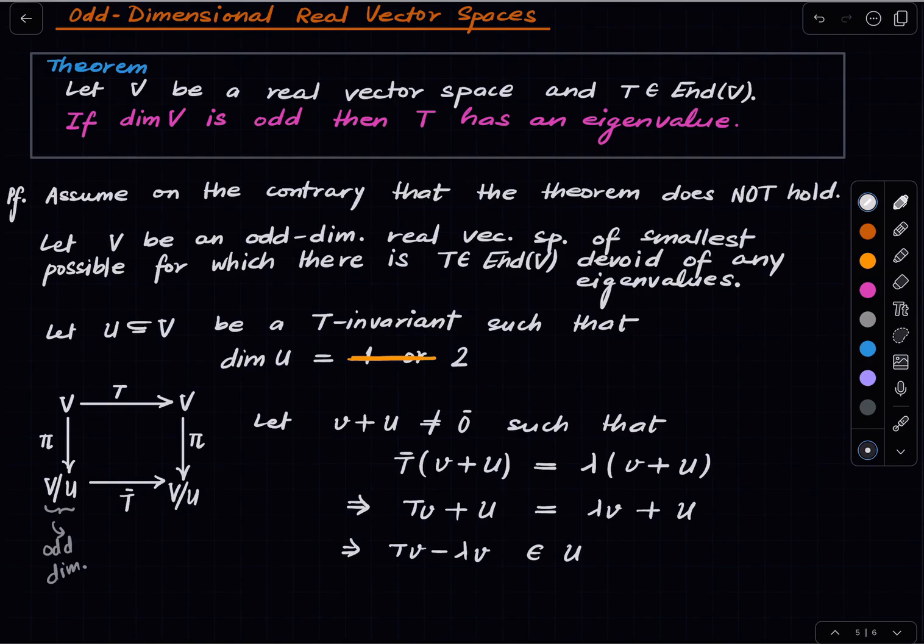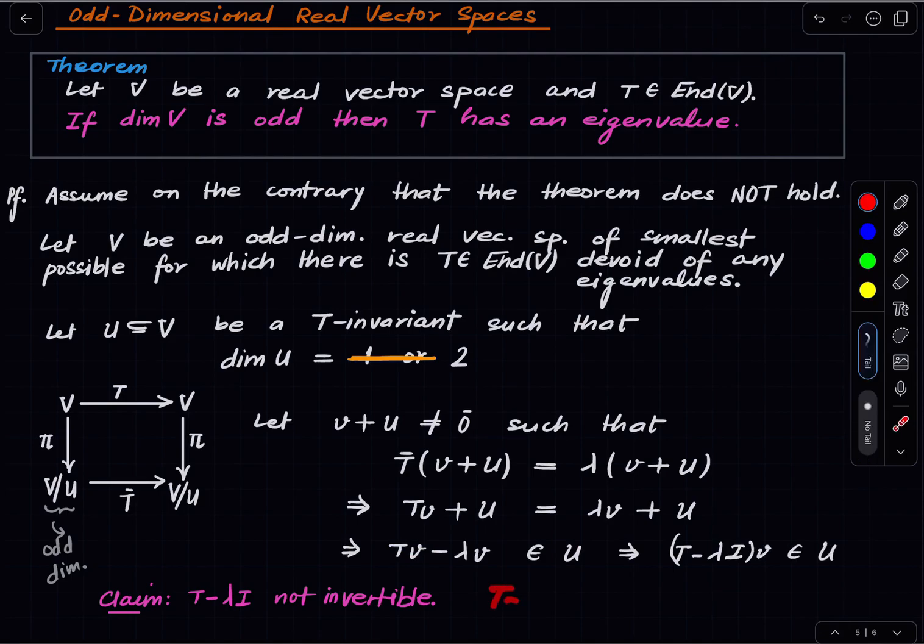But now we claim that T minus lambda I is not invertible. So why is it not invertible? So first, instead of writing this, I will write it in a different fashion. Okay. And now just think of this endomorphism. This is an endomorphism on V, but what is it doing? It first of all takes capital U inside capital U, because T takes capital U inside capital U. So maybe I should take a different page for it.